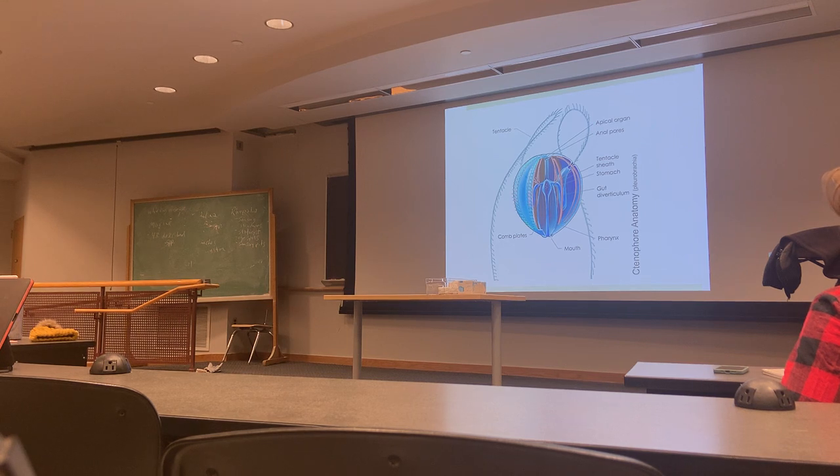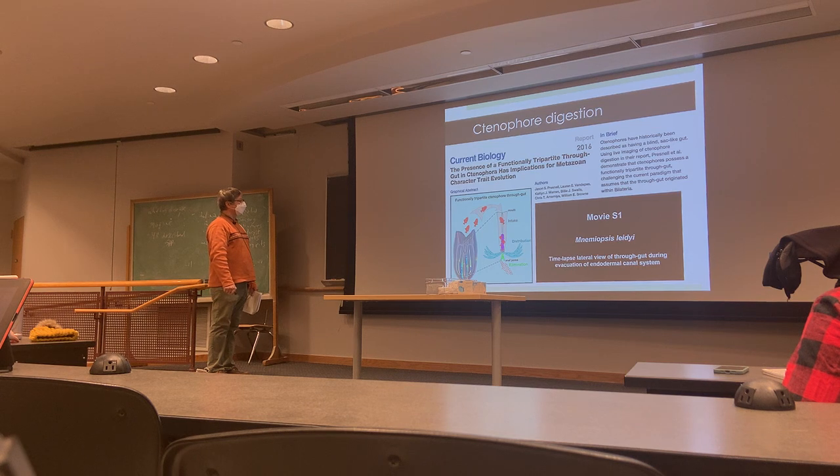For a long time, it was thought that Ctenophores have just a blind gut. Food goes in the mouth, and waste products come out of the mouth. But it was subsequently discovered that they actually do pass food all the way, emerging from their anal pores.